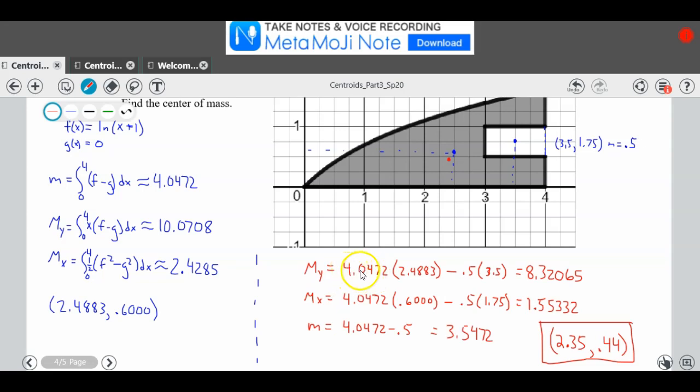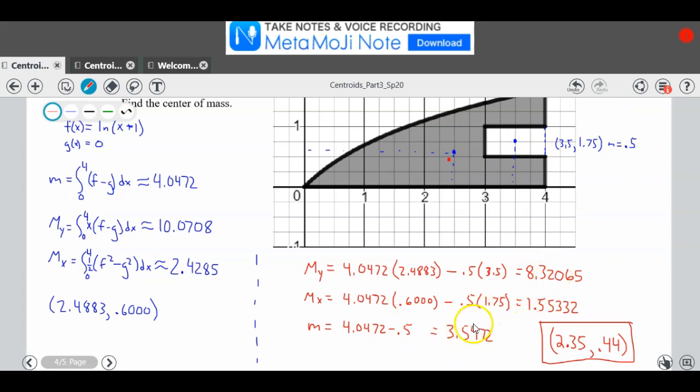Combining these for the natural log piece, we get this 4.0472 times the 2.4883. So there's that mass times distance in the x minus the mass times distance for the rectangle. Same thing for the mx, and then the m is just this mass or area minus that mass or area.